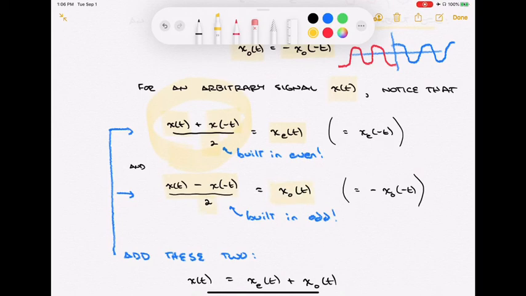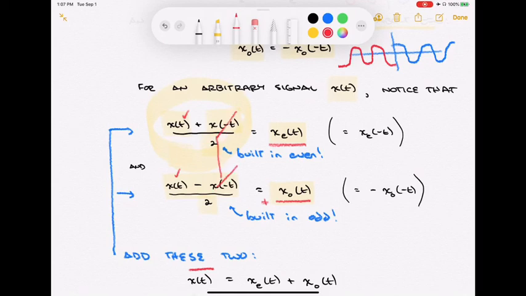Now, something interesting happens when I add these two together. When I take this x even of t and this x odd of t and I add them together, take a look at what happens. I have x of t plus x of t, both divided by 2. So x of t over 2 plus x of t over 2 does give me x of t. I've shown that down there. The x of minus t plus a minus x of minus t, those will cancel.